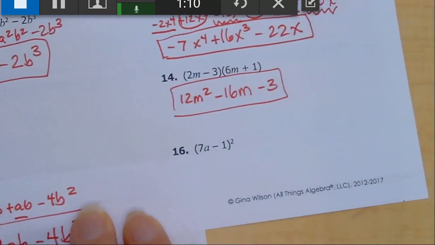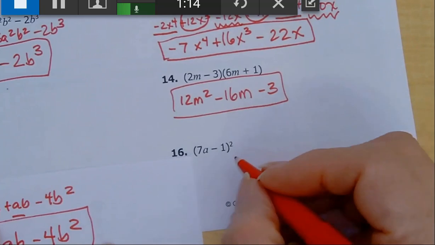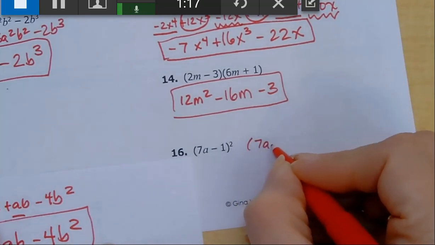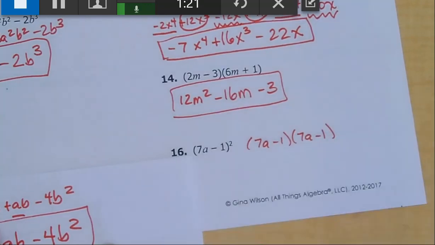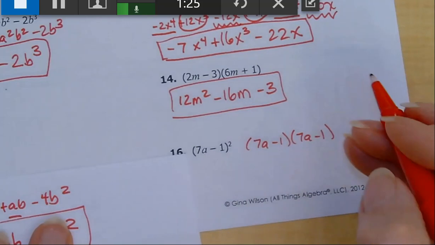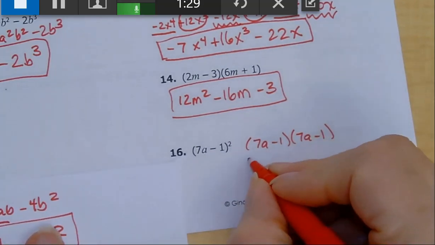Okay, so let's take a look over here at number 16. Please, please, please remember this is 7a minus 1 times 7a minus 1. You know that's what it means. Don't try to do any shortcuts because I don't want you to make any mistakes, okay? So we know then that this is going to be 7 times 7 is 49.